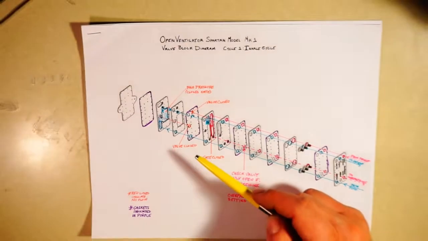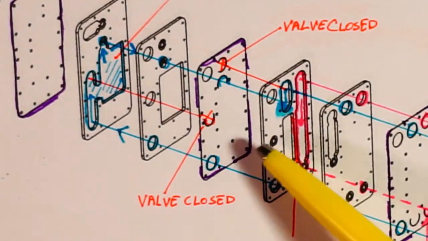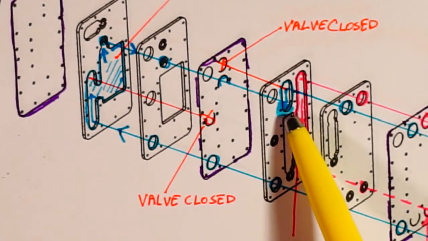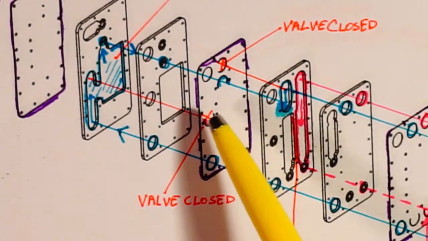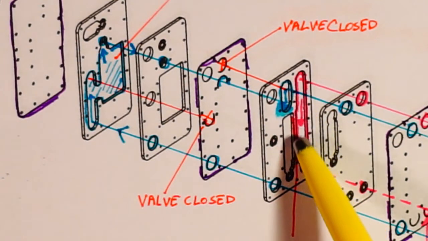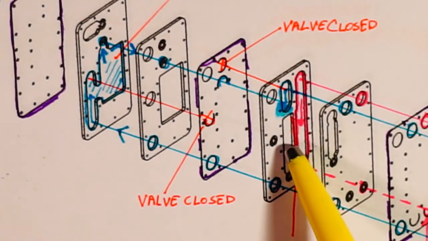I'm going to zoom in a little bit over here so we can see a little bit better. Again, this membrane is being pushed in this direction by the pump pressure, sealing the line, this gate, between the patient pressure and the PEEP chambers.